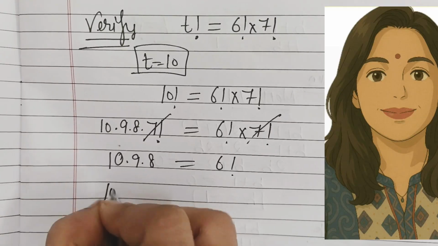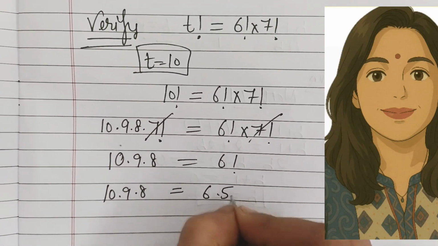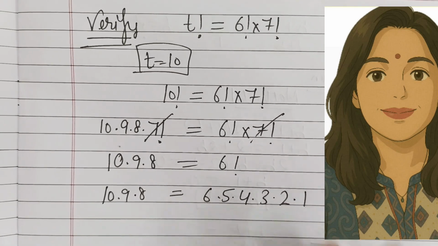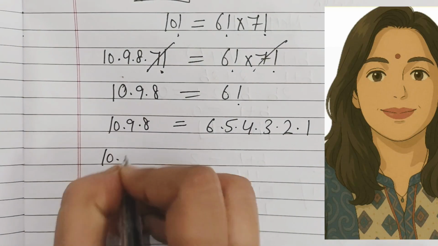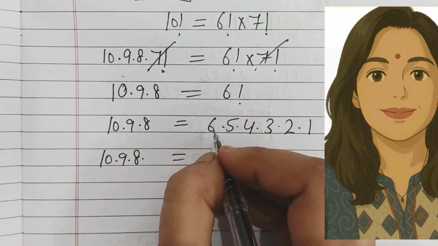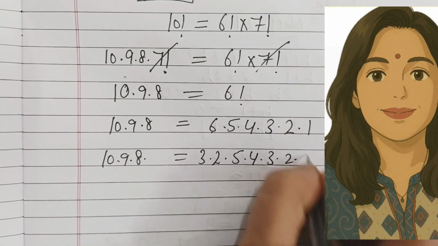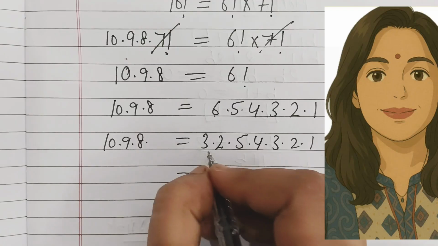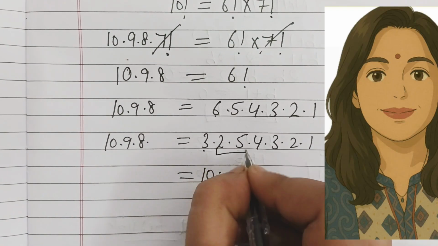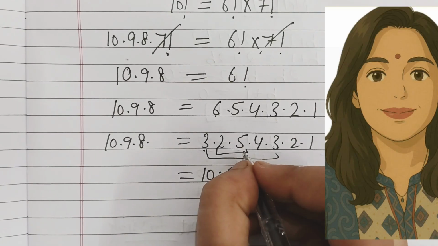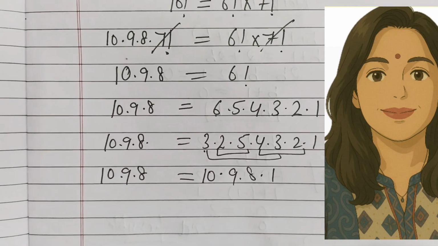So here 10 into 9 into 8 equals 6 into 5 into 4 into 3 into 2 into 1, which will become 10 into 9 into 8 equals 3 into 2 into 5 into 4 into 3 into 2 into 1, which again will become 5 2s are 10, 3 3s are 9, and 4 2s are 8. So 10 into 9 into 8.